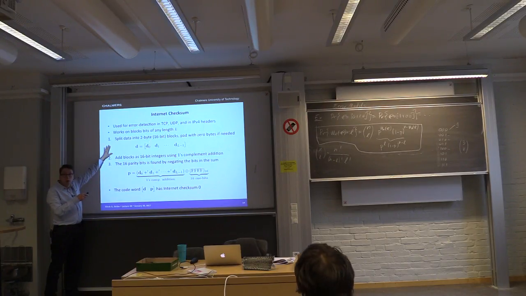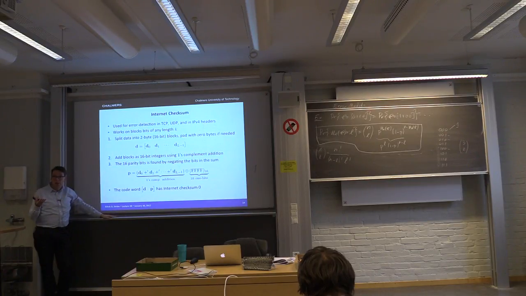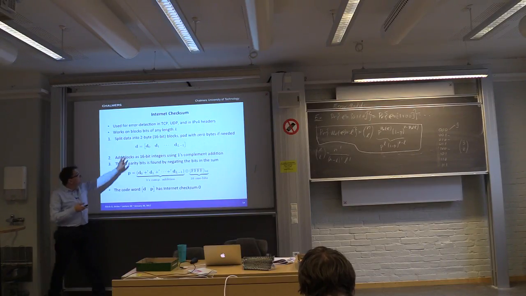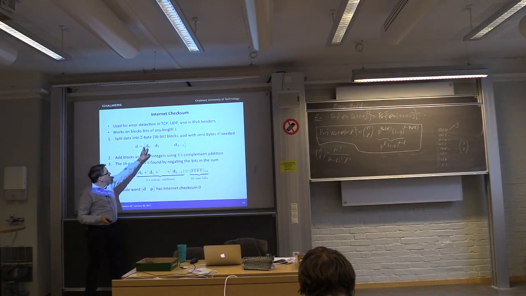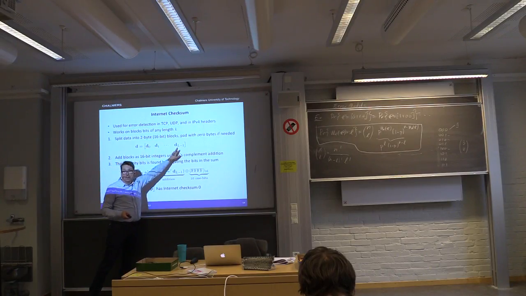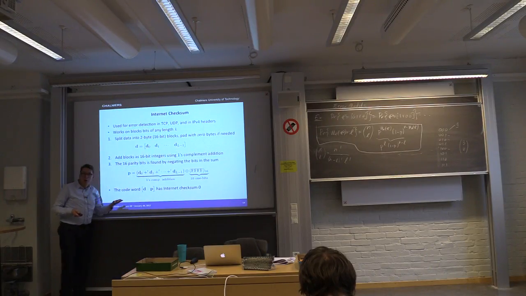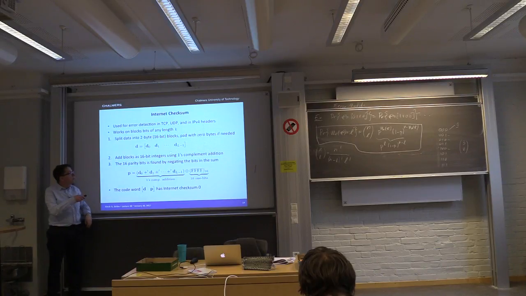Let's say we have an even number of bytes here, and each 2-byte block is then 16 bits. Every byte is 8 bits. So we split the whole message into 2 bytes, 2 bytes, 2 bytes, etc. If we have an odd number of bytes to start with, we just put in a 0 byte at the end.